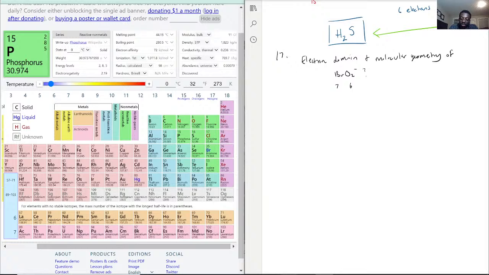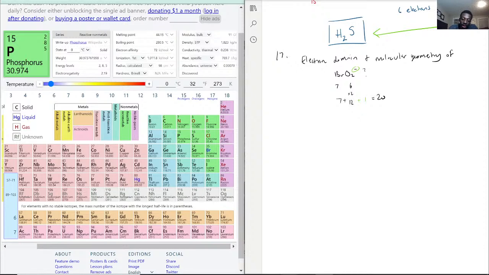But there are 2 of them, so that's 6 times 2, that's 12. And the minus is just going to be plus 1 more electron. So that's 7 plus 12, that's 19, plus 1 equals 20. You want 20 electrons in total.